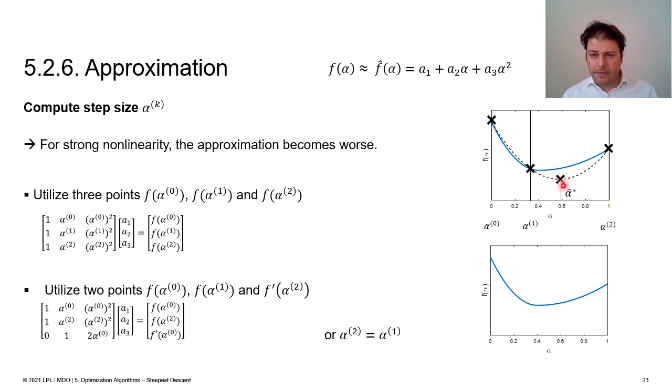Here alpha would be located at around 0.6, whereas the real optimum would be at about 0.4. And the same is, of course, true for the other approximation based on gradient information.